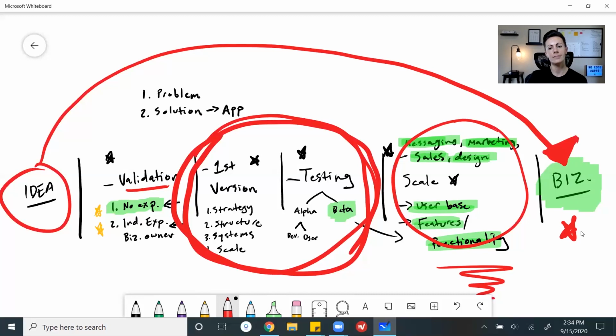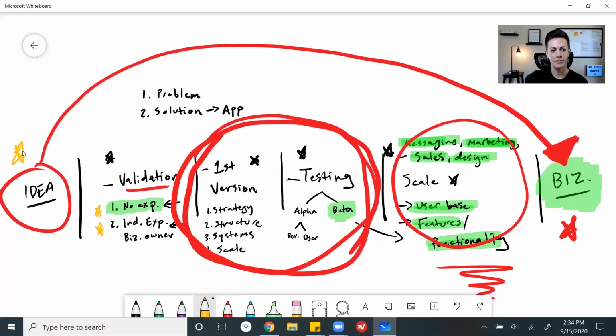So that's what I want to leave you with. I know we covered a lot, but I hope this helps you understand the steps you need to go through and the steps you cannot skip if your goal is to take your idea, package it into an app, and turn it into a successful business on the other side.